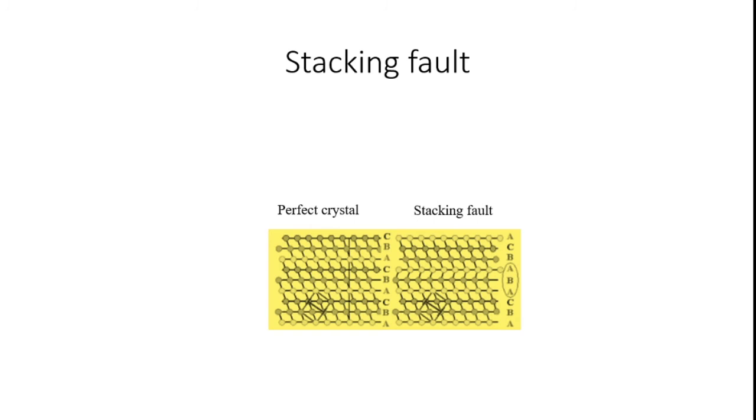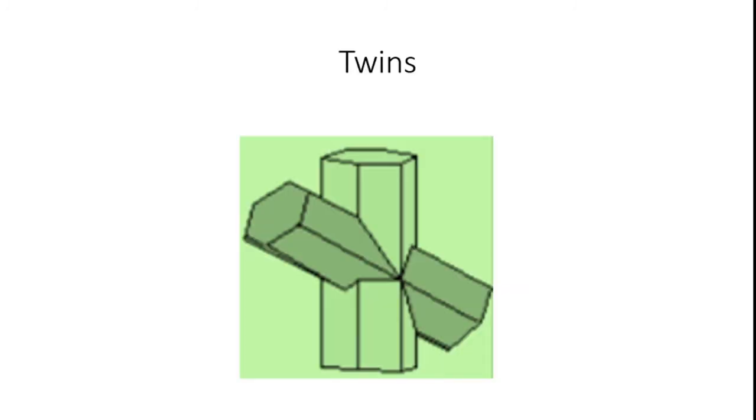And then the next defect is twins. Twins are portions of a crystal that have a certain specific orientation with respect to each other. The twin relationship may be such that the lattice of one part is the mirror image of the other. So the twin is formed like a mirror copy.